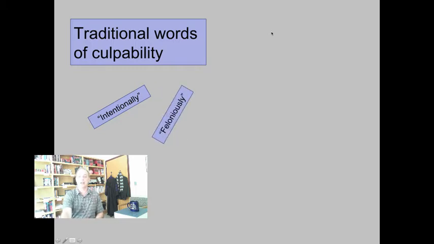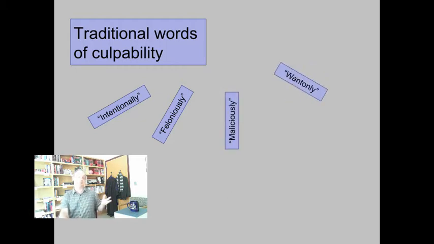Sometimes you hear them talking about feloniously doing this or that act. It might be that you have to do the act maliciously or wantonly or willfully. One of my favorites comes from the law of homicide, where the courts talk about an abandoned and malignant heart. Various colorful, poetical phrases to describe culpability.